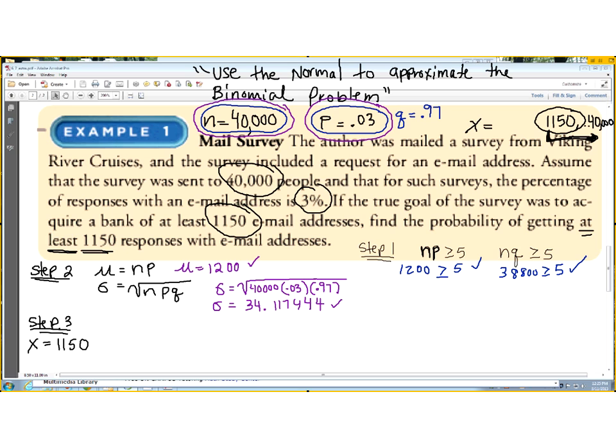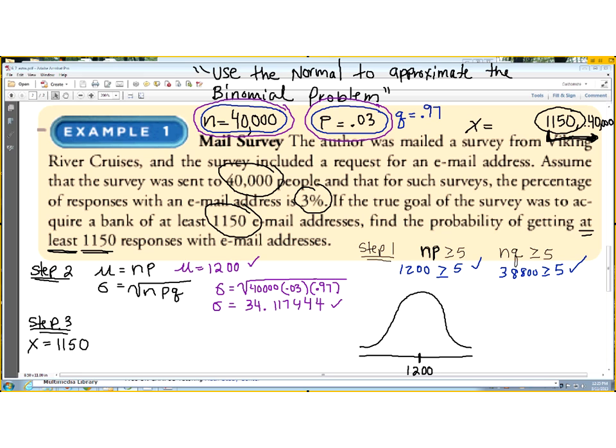Okay, so let me remind you, this is just a side note. When we use the normal distribution to approximate the binomial, we're using a continuous distribution to work with the discrete distribution. Okay, so when I look at 1,150, I have to compare that to where it lies with respect to the mean.